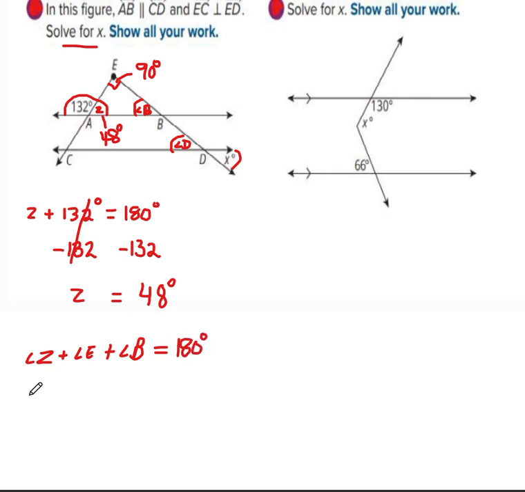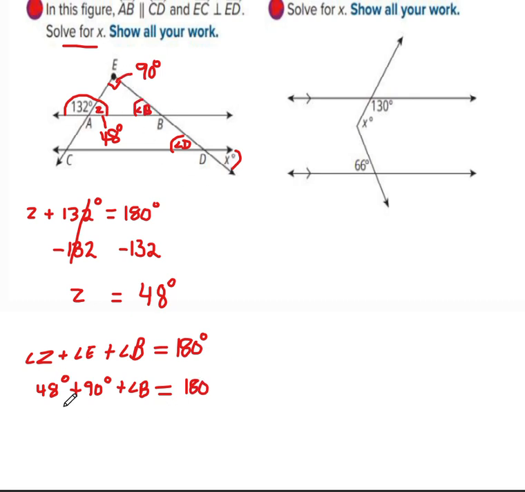So now we can find angle B because we know that Z is 48 degrees. We know that E is 90 degrees because of the perpendicular, but we don't know the measurement of angle B. We can now easily solve for it because it's the only unknown among the interior angles of this triangle right here.